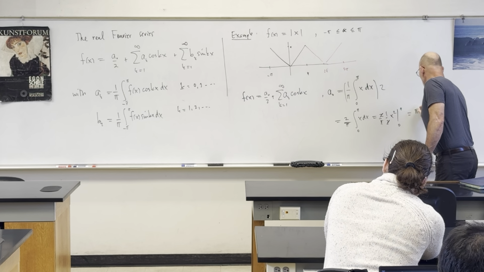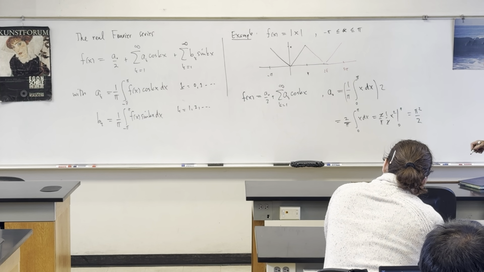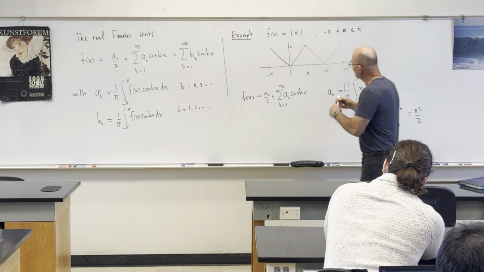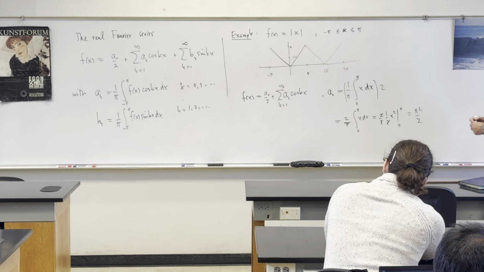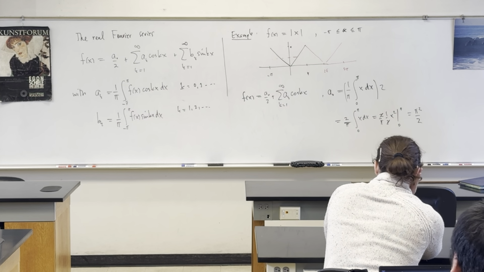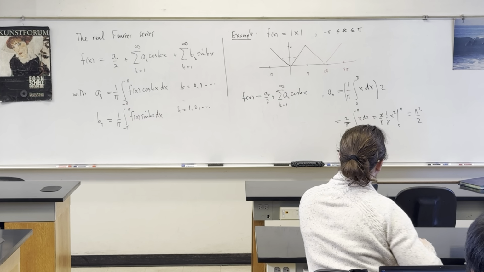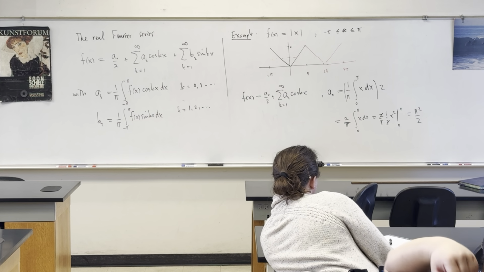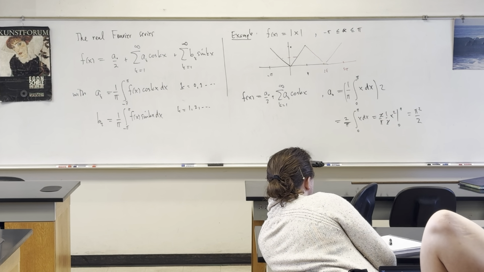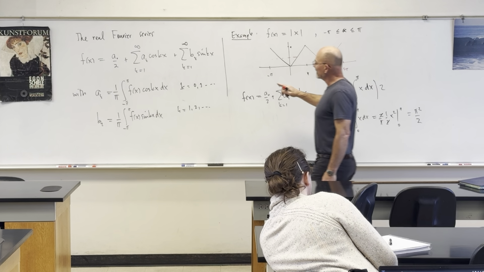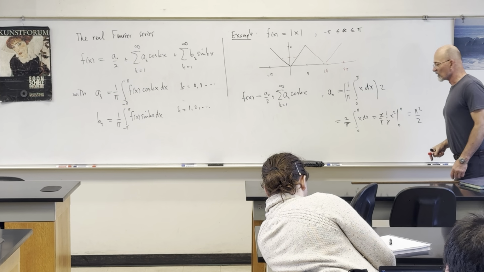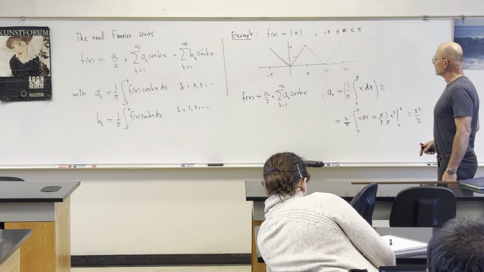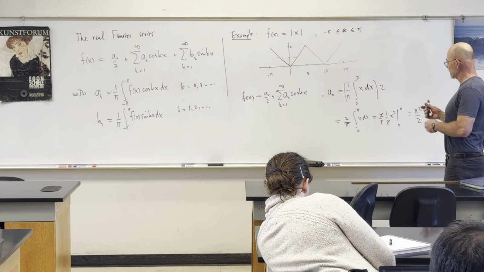So that's going to be pi squared over 2. That's a0, and then of course we're going to actually have a0 over 2, and so we'll have pi squared over 4, which will be right through it.